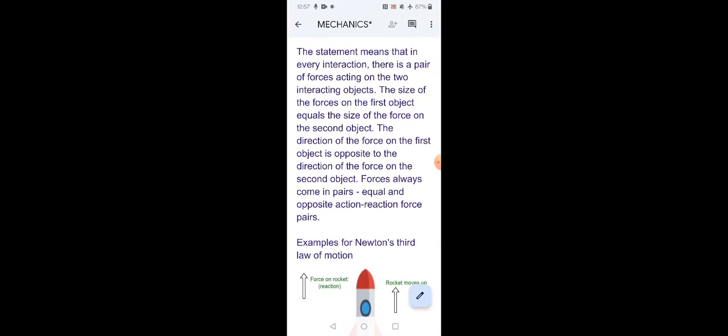The size of the force on the first object is equal to the size of the force on the second object. That is, the force on the two objects will be the same. The direction of the force on the first object is opposite to the direction of the force on the second object.